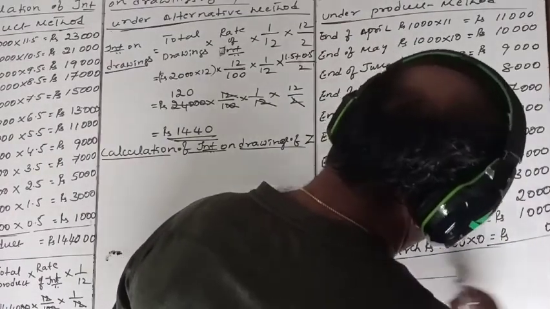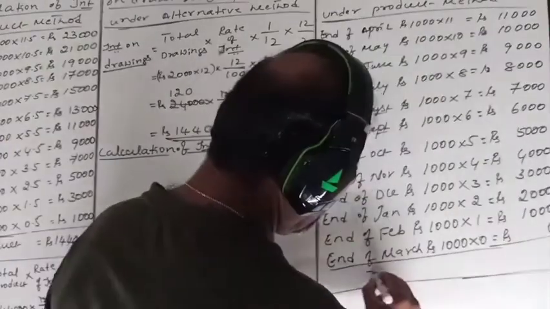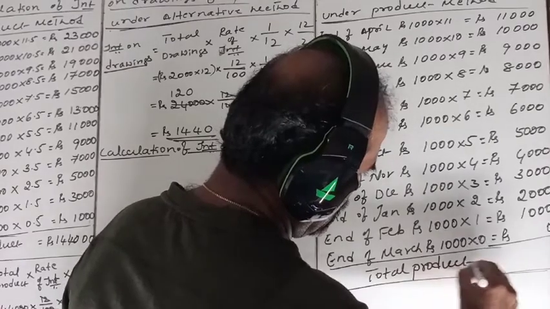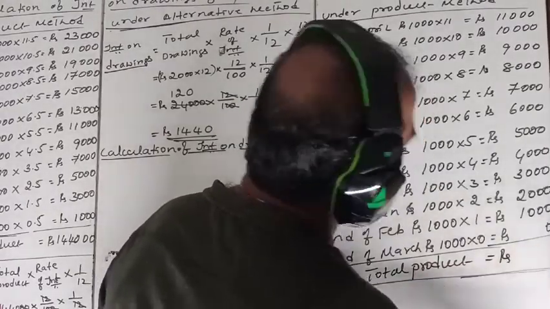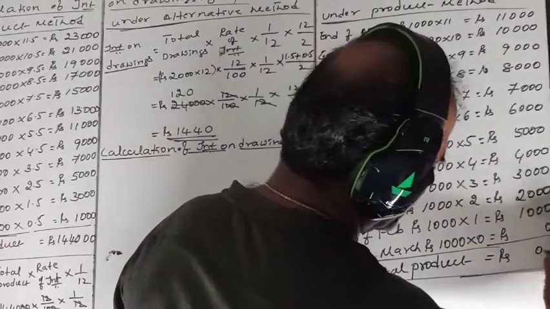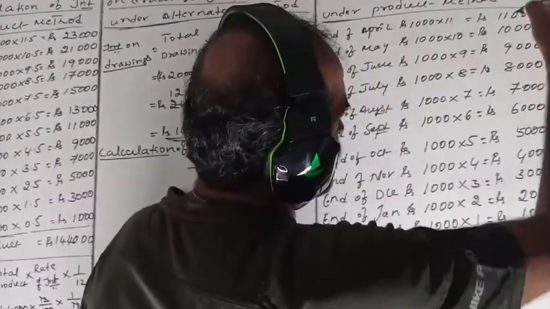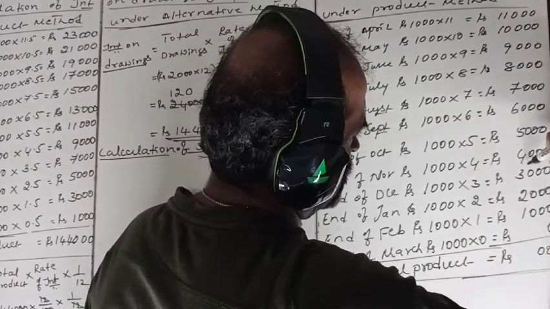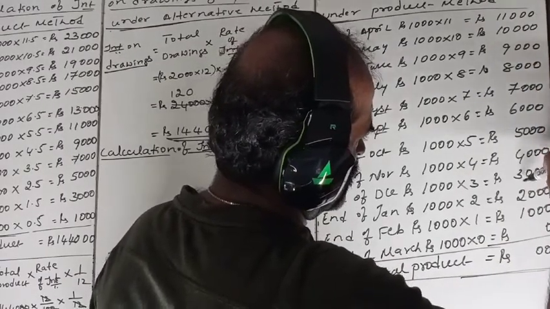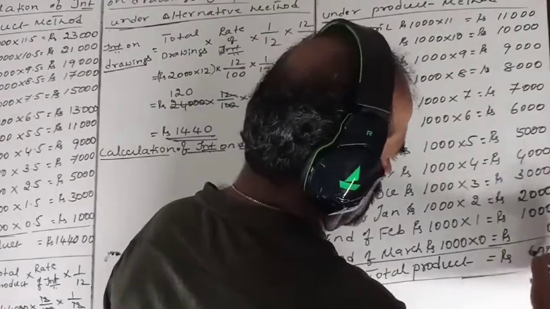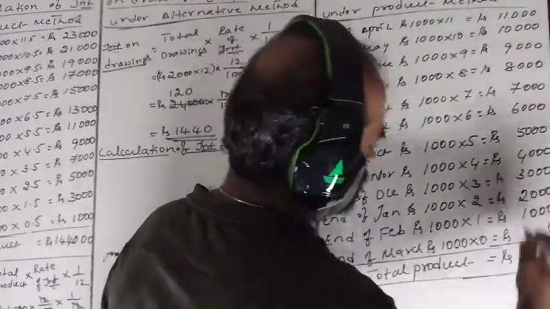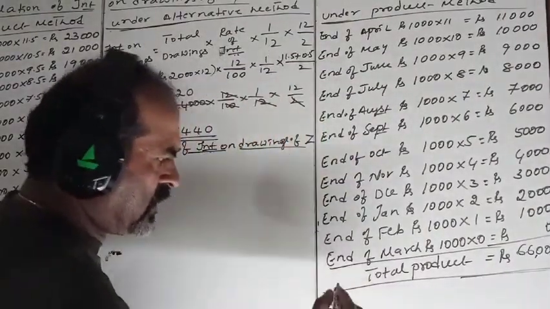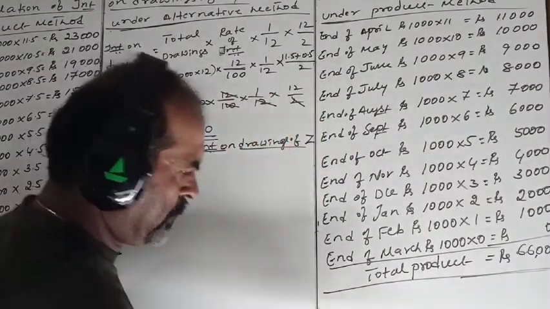Then calculate the total product, equal to rupees 66,000, right? Under this, calculate the interest on drawing.